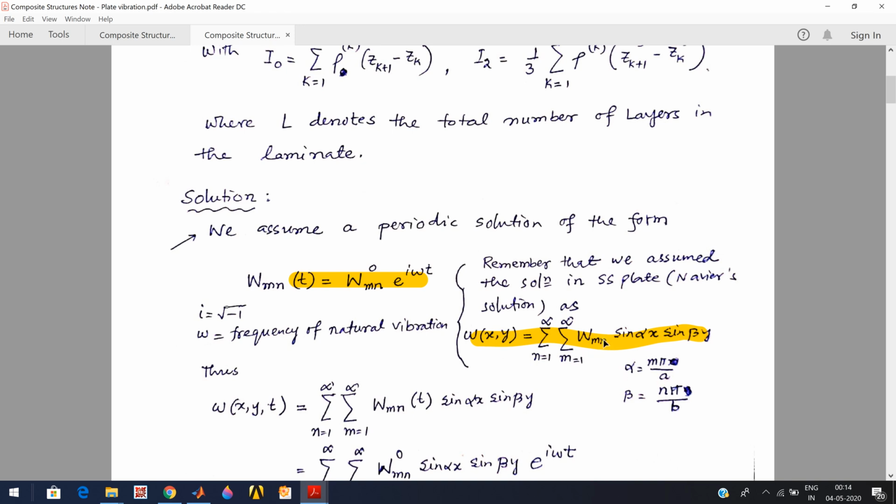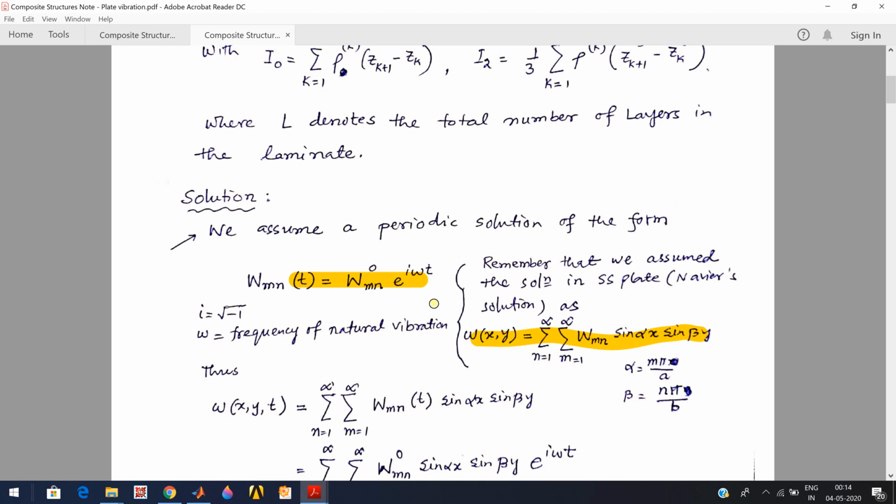In addition, here we see that this capital Wmn is actually a function of time, and Wmn(t) is expressed as some Wmn times e to the power i omega t. And this is the periodic term.